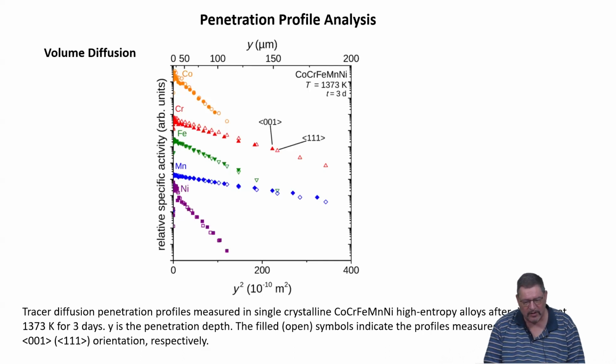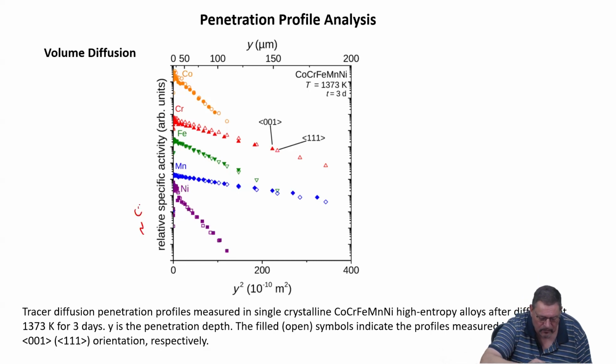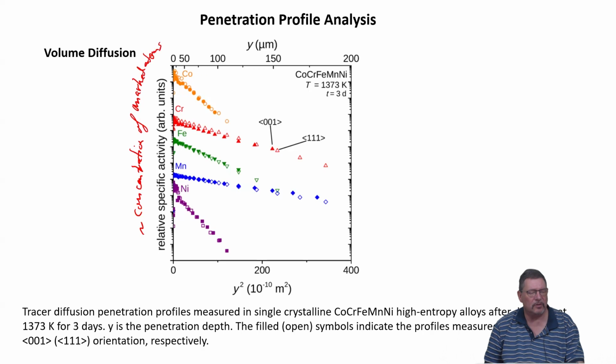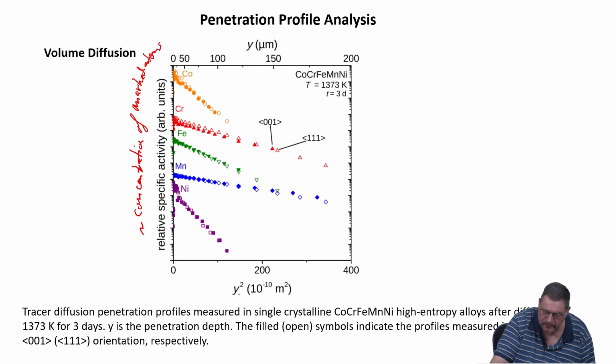And you see that here the concentration of marked atoms, so the relative specific activity, the decay product density, so to speak, is plotted as a function of depth squared.